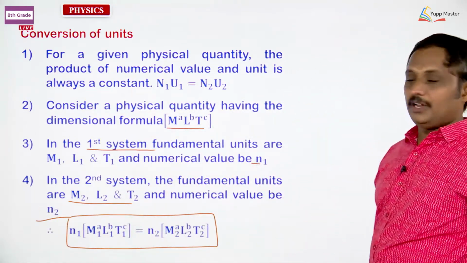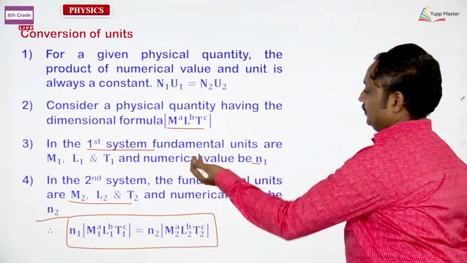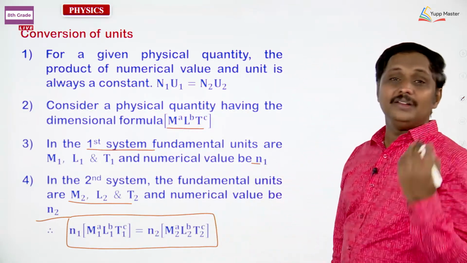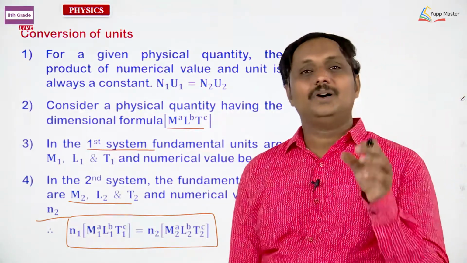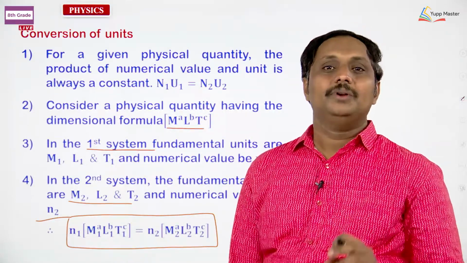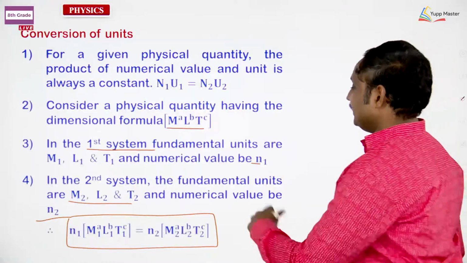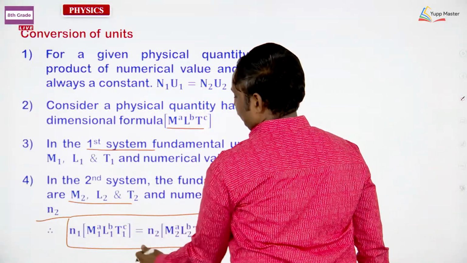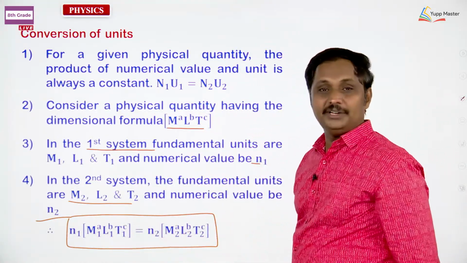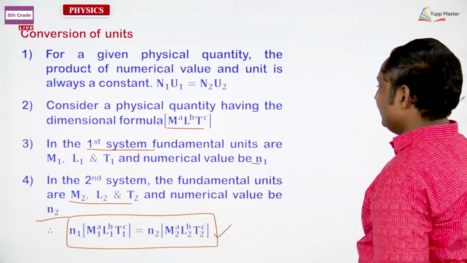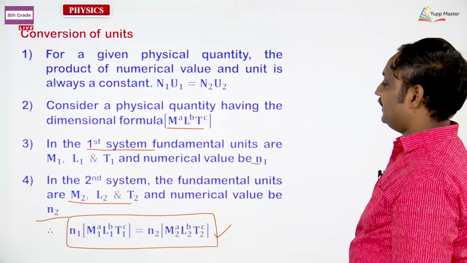What we have confirmed is that we can express force in terms of newtons or dynes. So you can convert Newton into dyne with the help of this equation. Very clear, so easily we can find that.